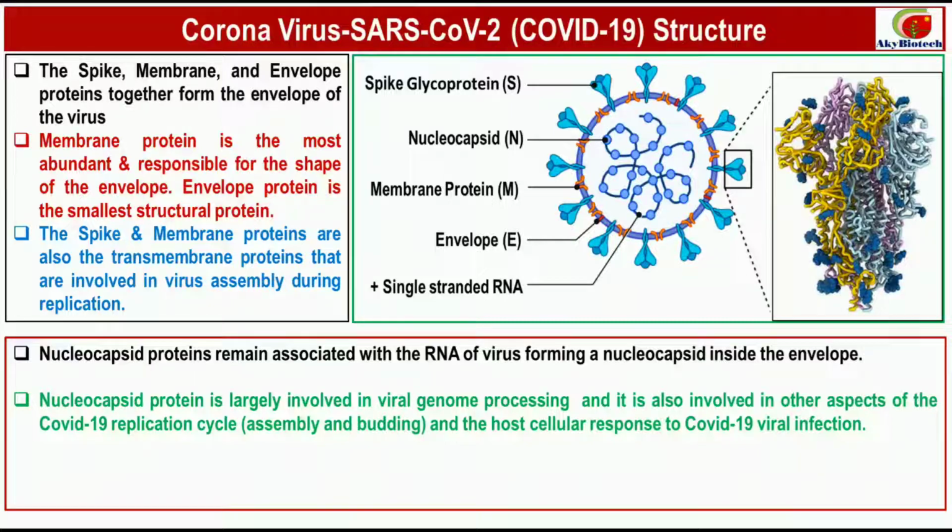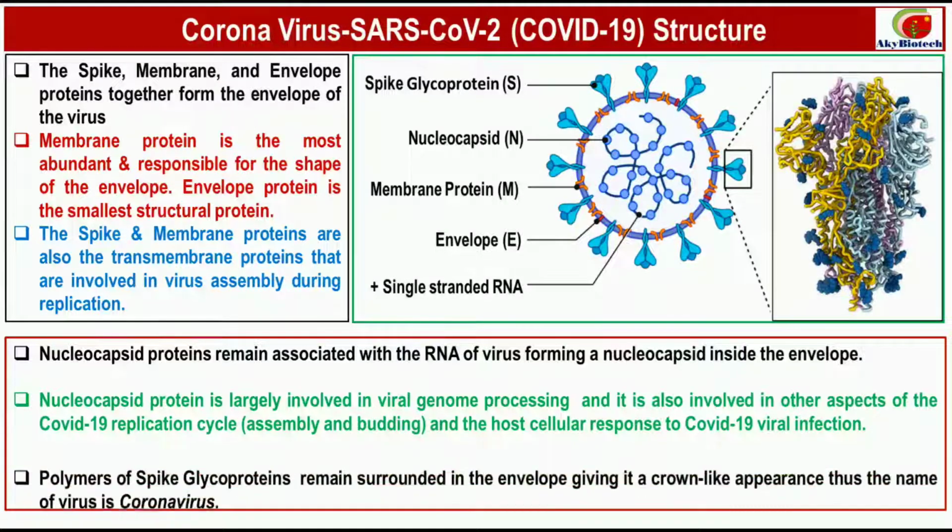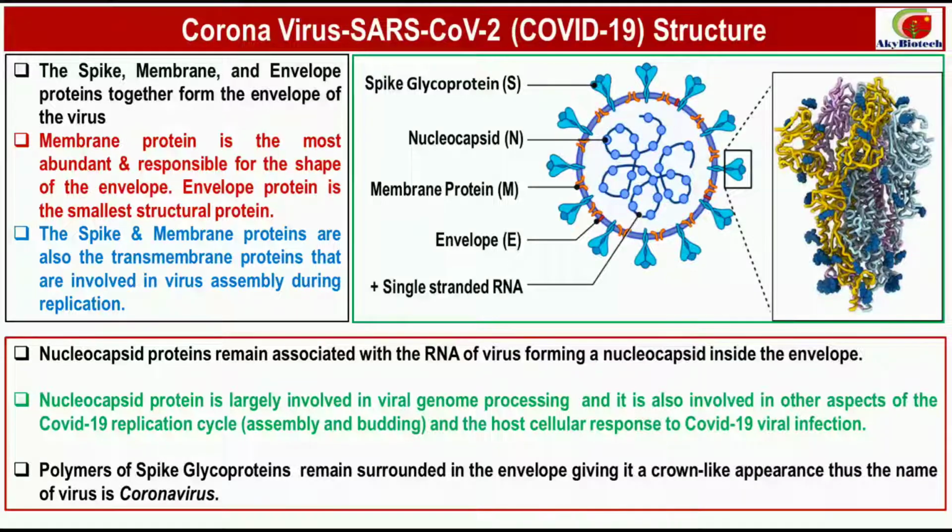The third function of the nucleocapsid protein is that it helps in the host cellular response to COVID-19 viral infection. Polymers of spike glycoproteins remain surrounded in the envelope, giving it a crown-like appearance. Due to this, the name of the virus is coronavirus.